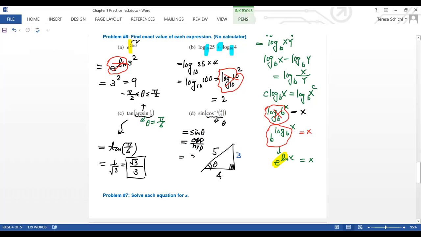So what is the final answer? It's the 3/5 here. This one, the cosine, is in the first quadrant, because these are positive numbers.